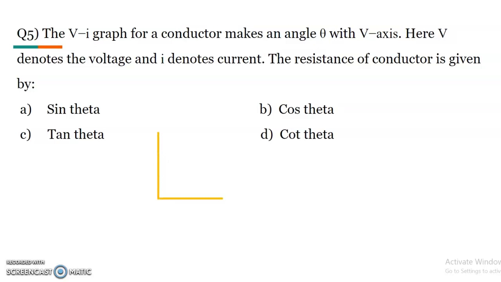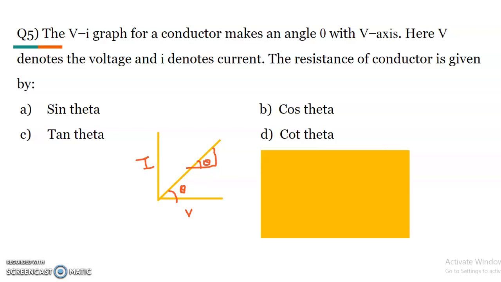For our convenience to show the theta angle with the V-axis, we are going to take this IV graph, so that it becomes easier for us to see the theta angle. So we take this IV graph, and here is the theta. Now if we take a small portion of this, here also it will be theta only.